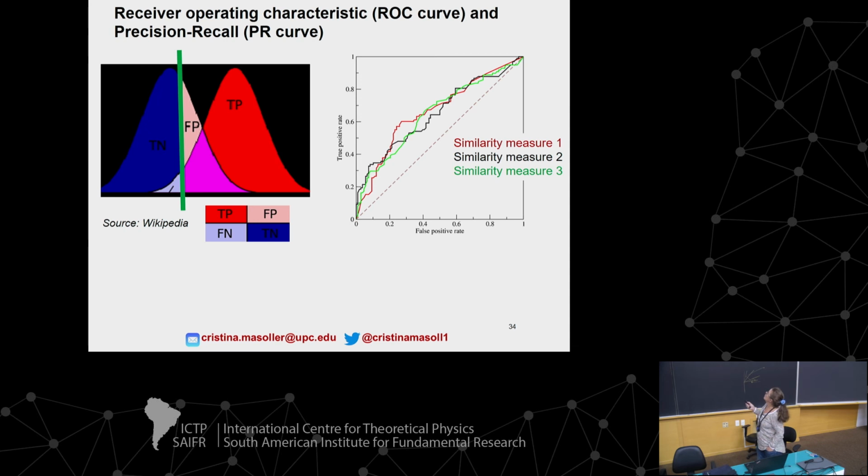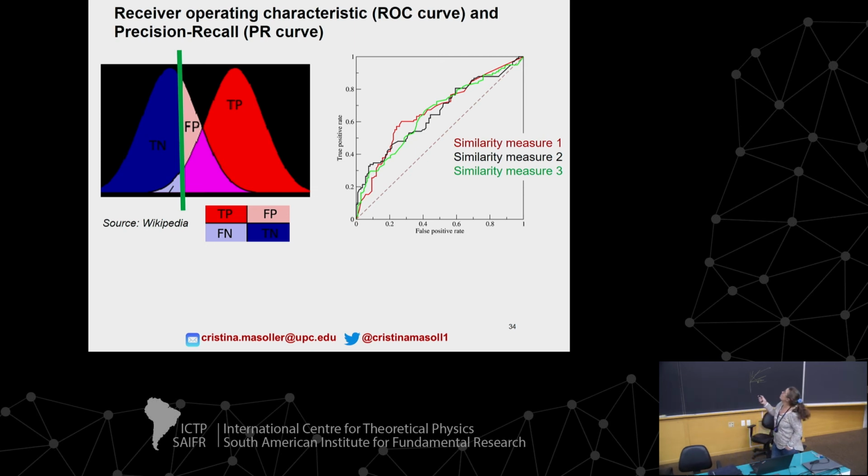And that gives you the way to build the receiver operating characteristic, ROC, curve, and I will talk about the precision recall in a minute. So basically, depending on which measure you use, you get a different ROC curve, okay?